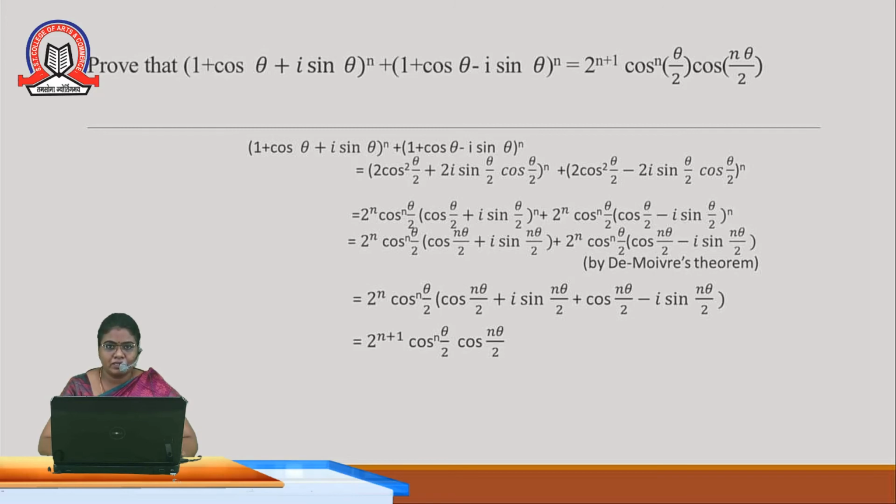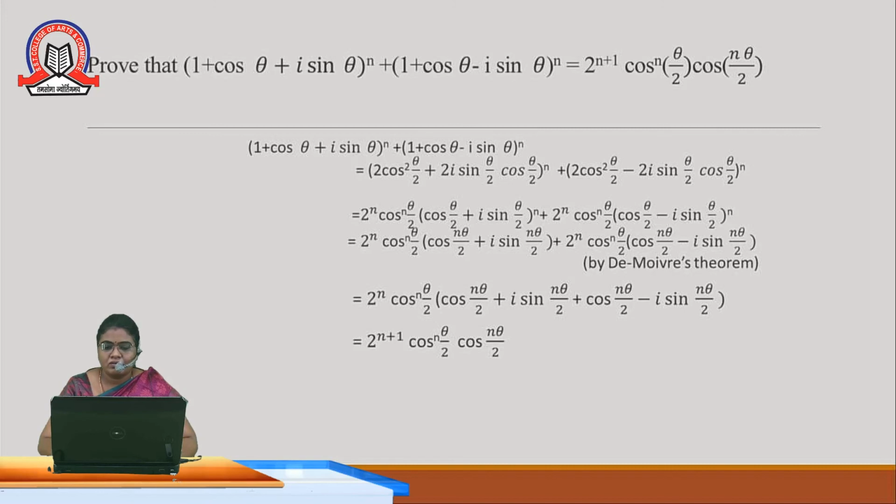There also, substituting theta by 2, we get 2 sin theta by 2 cos theta by 2. Substituting the values, similarly for the second term, we have 2 cos square theta by 2 minus 2i sin theta by 2 cos theta by 2.